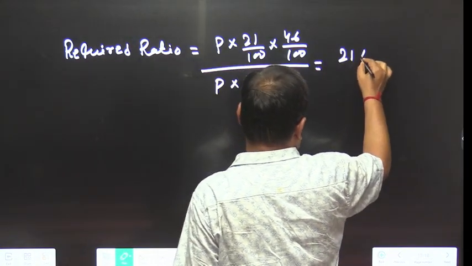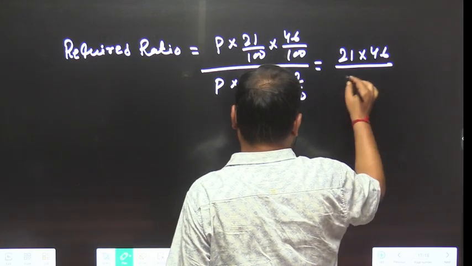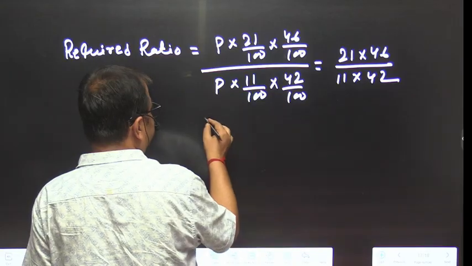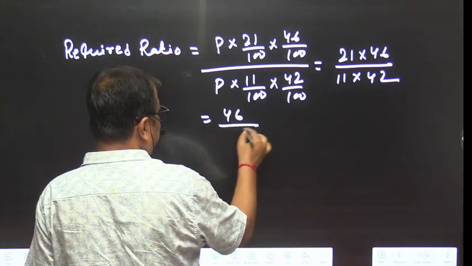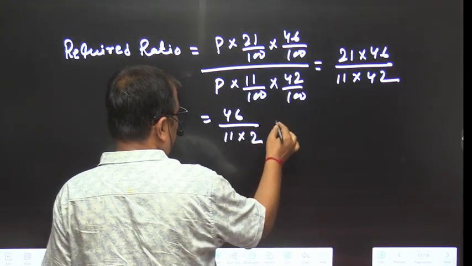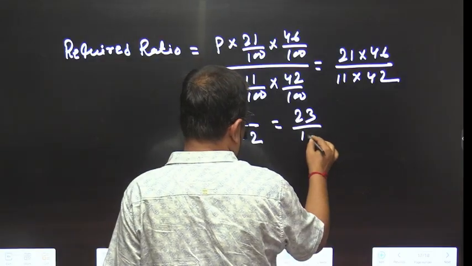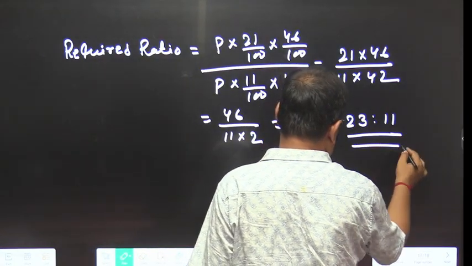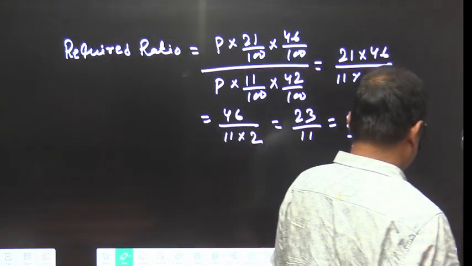So 21 into 46 upon 11 into 42, which is 46 upon 11 into 2, that is 23 upon 11. The ratio is 23 to 11. This is the required result.